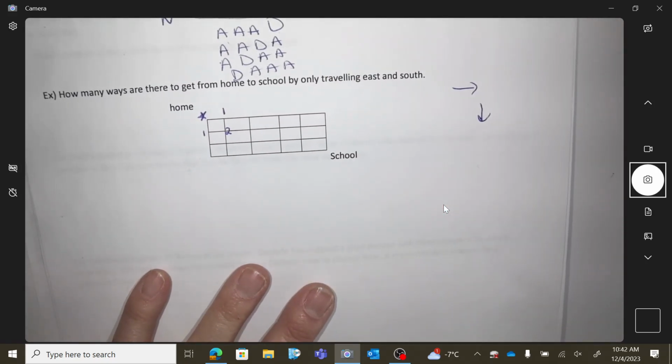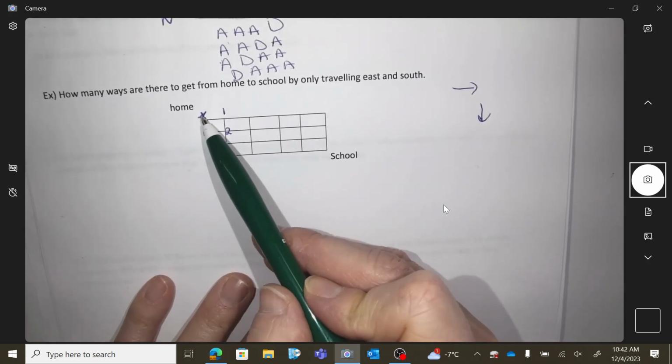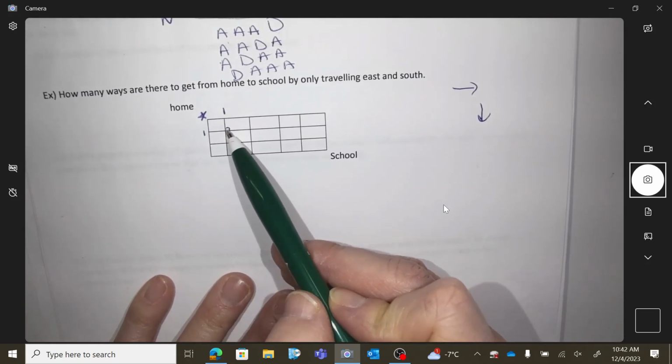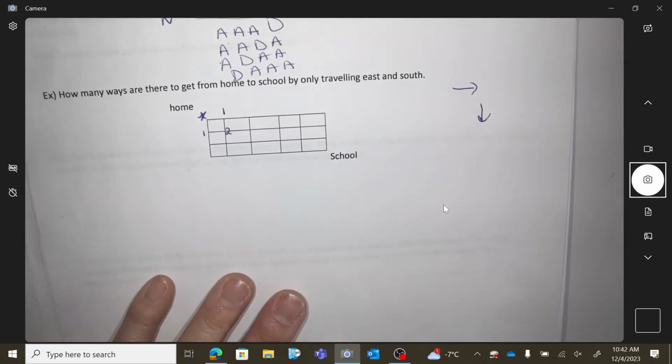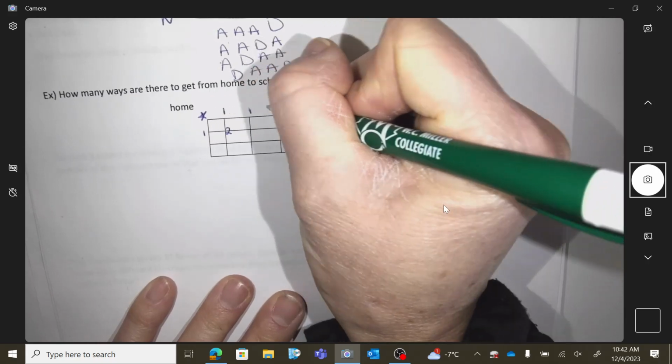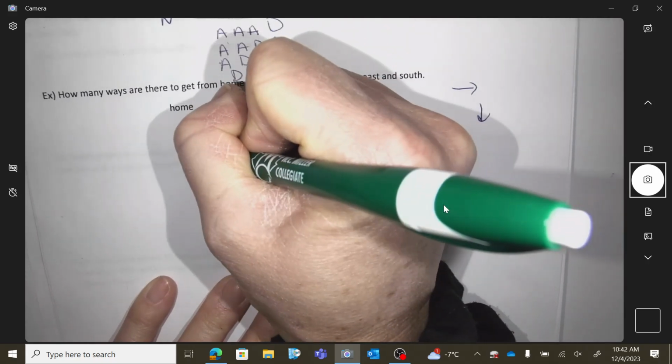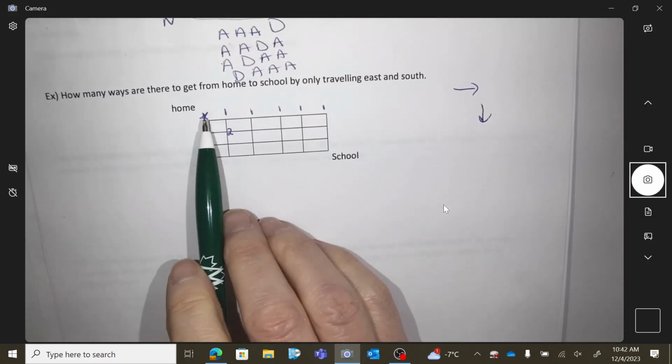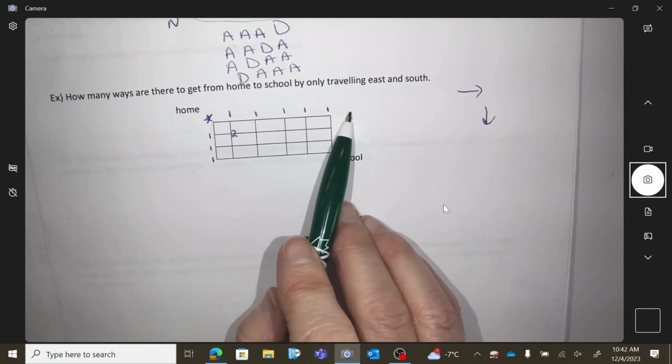Does that make sense? Because how could I get to this intersection? I could go over down, or I could have gone down over. Ones are always on the sides because there's only one way to move across, across, across.